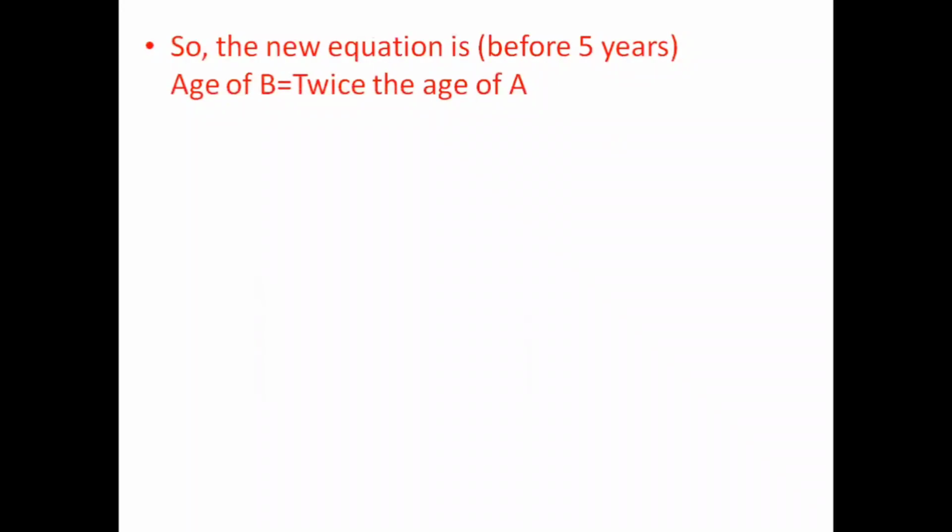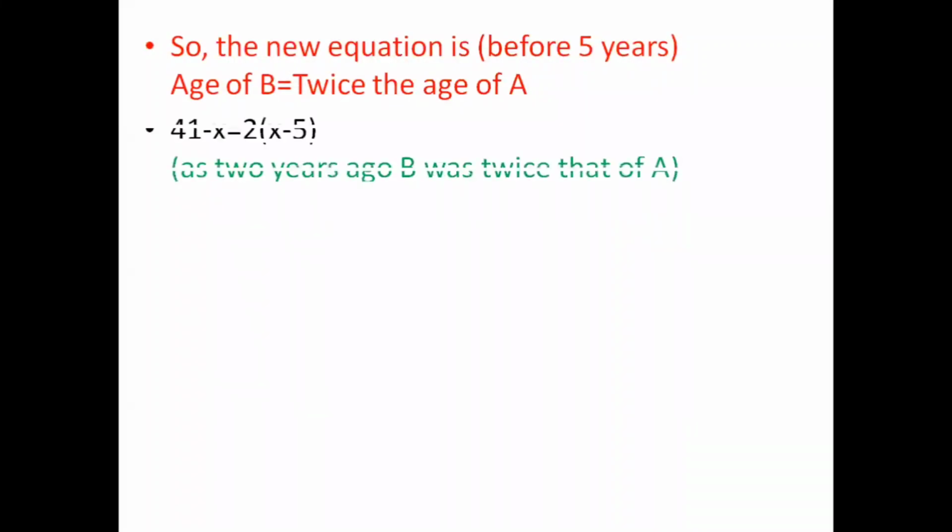So the new equation is, before 5 years, the age of B is equal to twice the age of A. Here in this question, it was given that B's age was double of A. So we need to balance it. For balancing this equation, we will take twice the age of A equal to the age of B. So we can write here the age of B, that is 41 minus x, is equal to 2 multiplied by x minus 5.